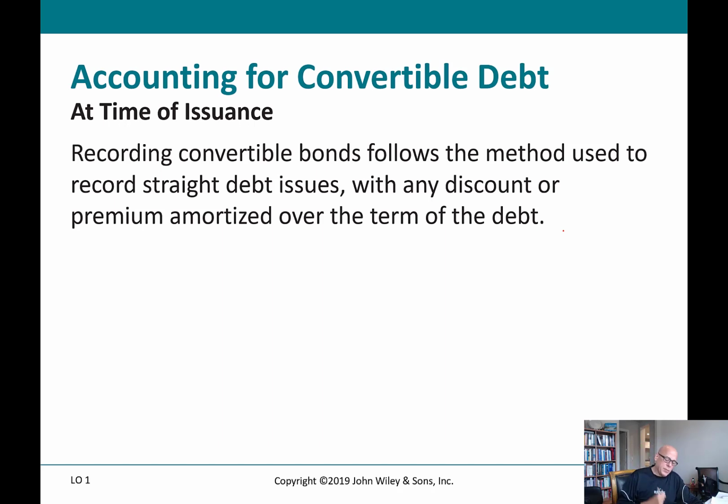In fact, let me just quickly, so I issue a convertible bond. I'm just going to make up an example on the fly here, guys. I issue a convertible bond, and the price of that convertible bond is, say, $1,089,105. Don't ask me why that number's in my head, but it is.